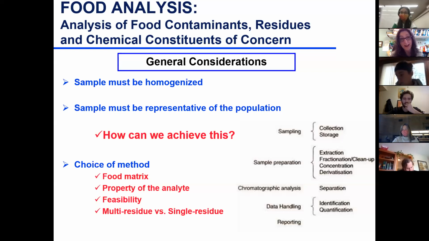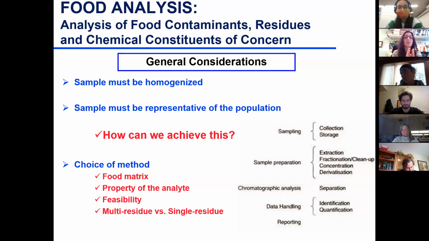Feasibility, what do we have in the lab? There could be several methods, but then you have to go with whatever you have available. And then multi-residue versus single residue. Sometimes you really want to purify a single residue and determine tolerance level. If you're doing that for a pesticide, for example, your extraction is only targeting one component, not 5 or 6 pesticides.